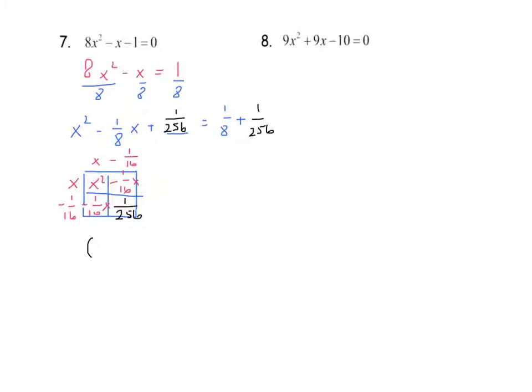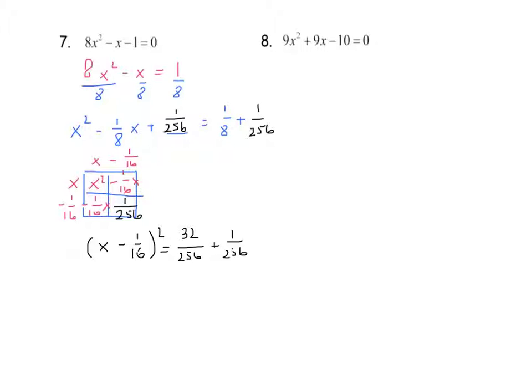So it's going to be x minus 1 over 16 squared. And on the right-hand side, the common denominator is 256. So it's going to be 32 over 256 plus 1 over 256.